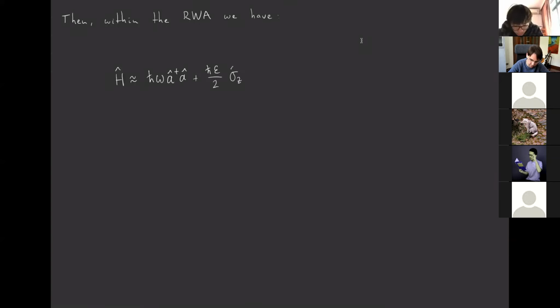So this is just the light and atomic Hamiltonians. And now we have the interaction approximated just by what we call the rotating wave approximation term, in which we can annihilate a photon, absorbing it, and create an atomic excitation, or emit a photon by de-exciting the atom.